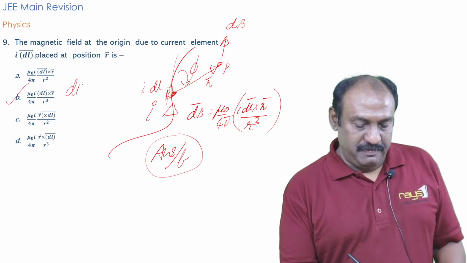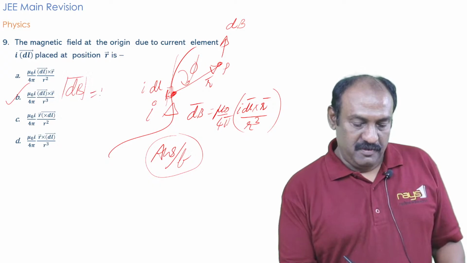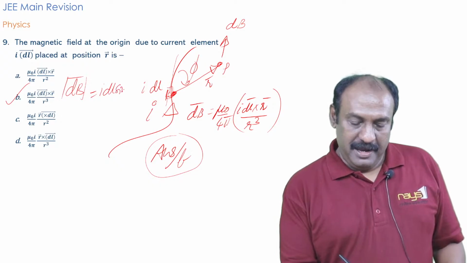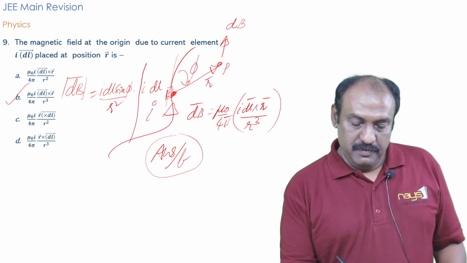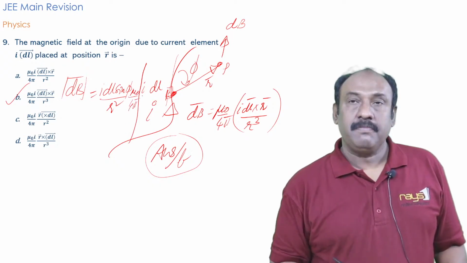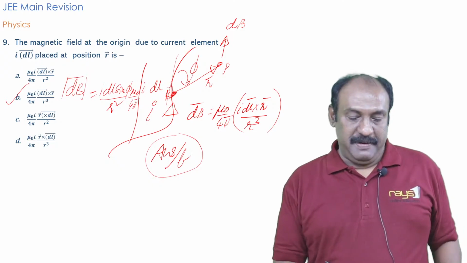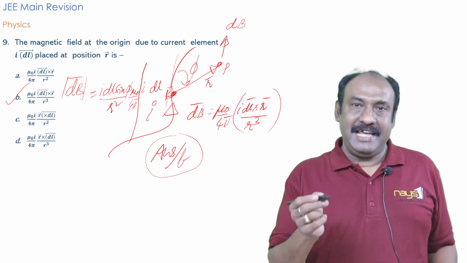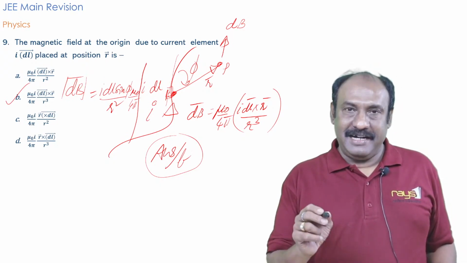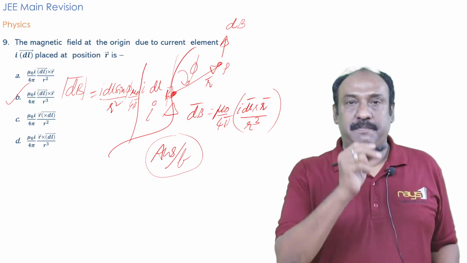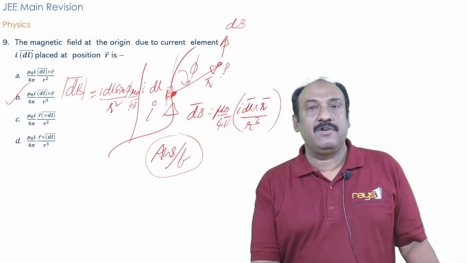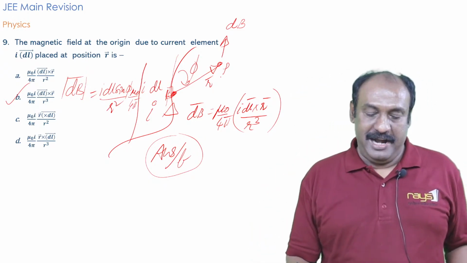So the magnitude of the magnetic field is mu naught by 4 pi into I dl sin theta by r square, at a point with angular position theta and position vector r bar.